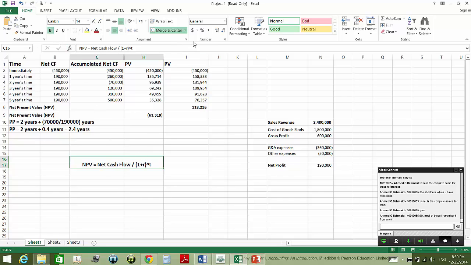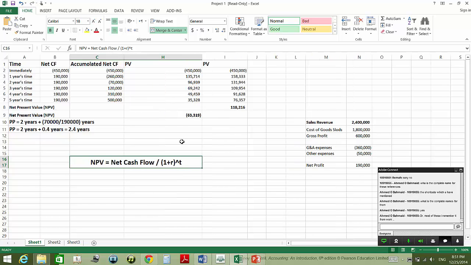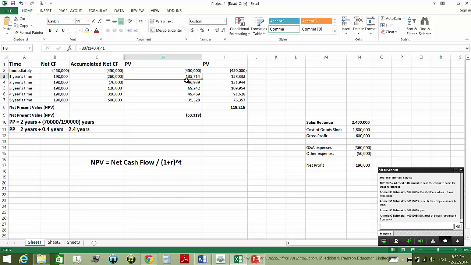When we use this cash flow in this equation, we will find that this amount will be 135,714.